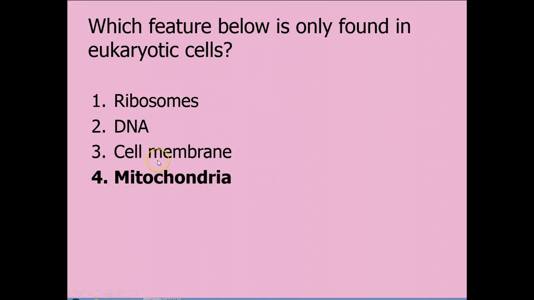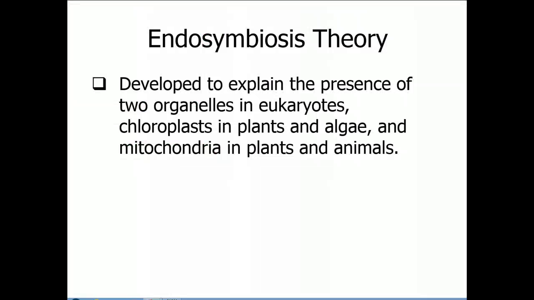But mitochondria are not found in the bacteria cells, and of course this is a membrane-bound organelle, so that should have been some clue for you as to what is the right answer.